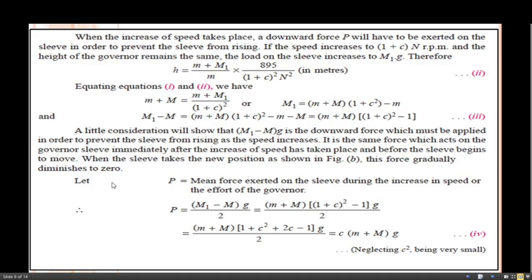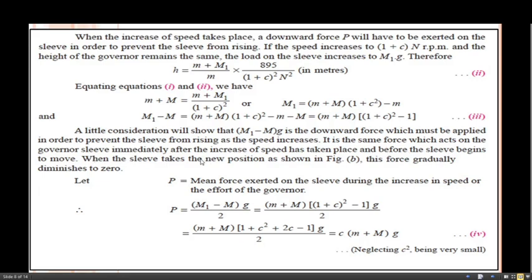Once we get the value of this P, just see here: (M1 minus m) into g is the downward force which must be applied in order to prevent the sleeve from rising as the speed increases. It is the same force which acts on the governor sleeve immediately after the increase of speed has taken place and before the sleeve begins to move.